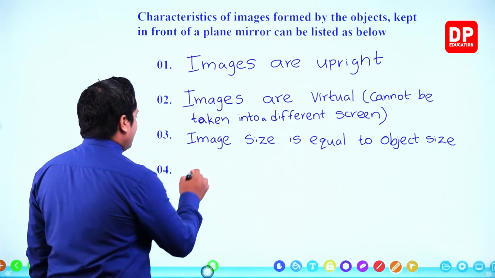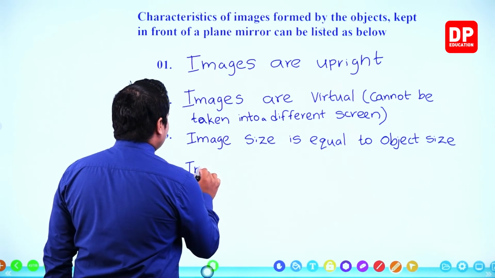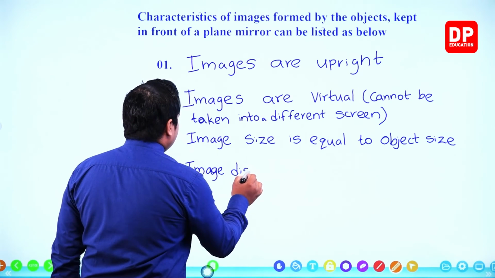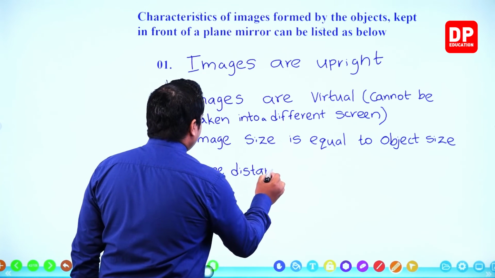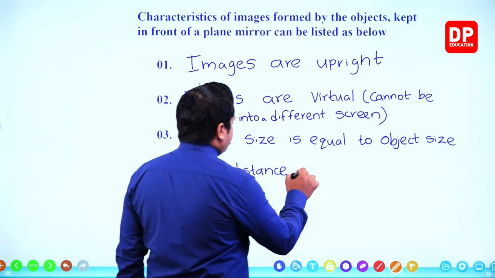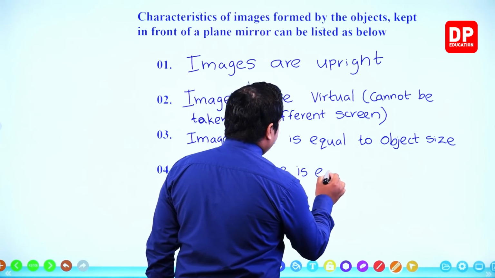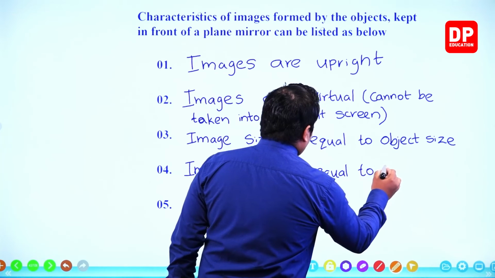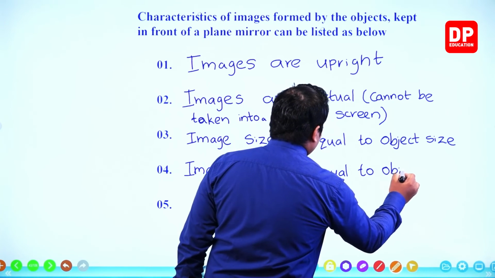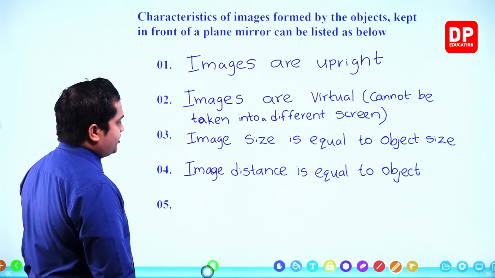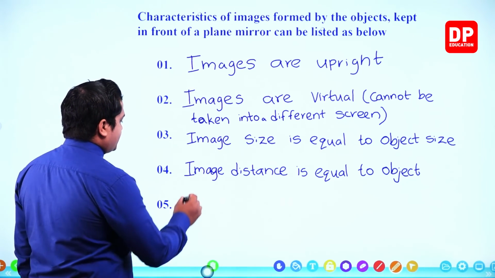Then the next one, image distance is equal to object distance. Image distance is equal to object distance.